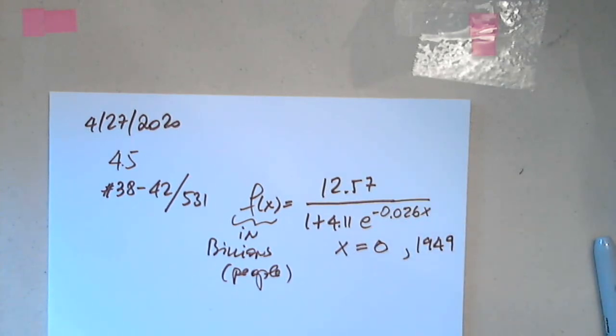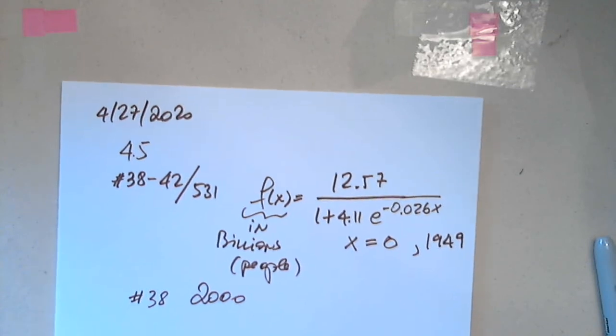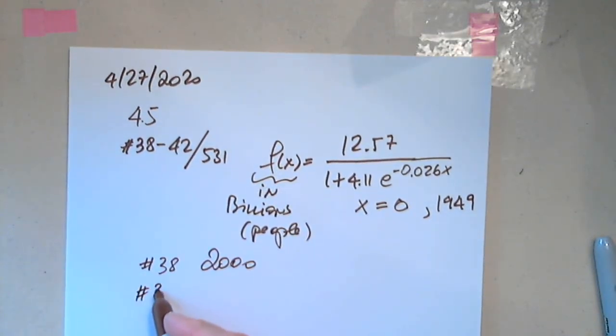Yes. How well does the function model the data shown in the world population for 2000? So we're asked to find in number 38 what happened in the year 2000. Then in number 39, and then we'll compare to a table, how does the function model the population for 2010?